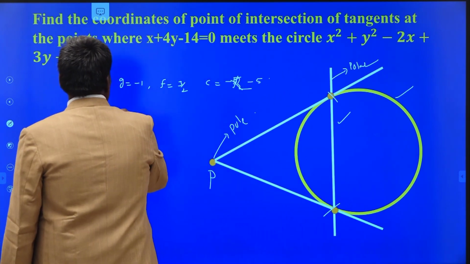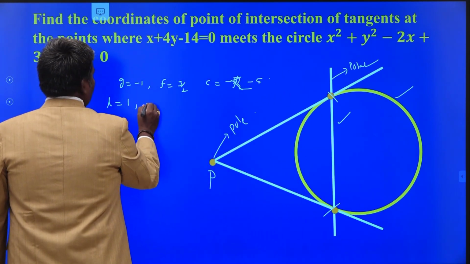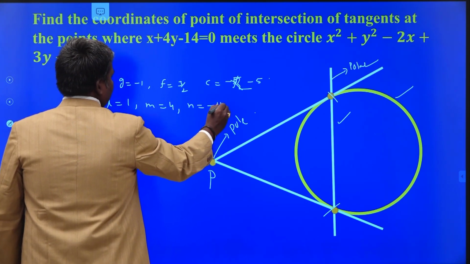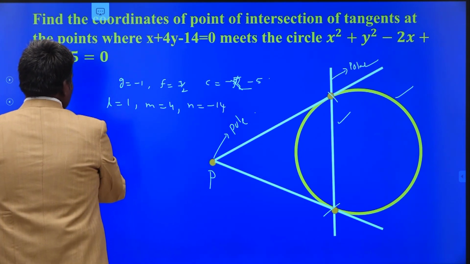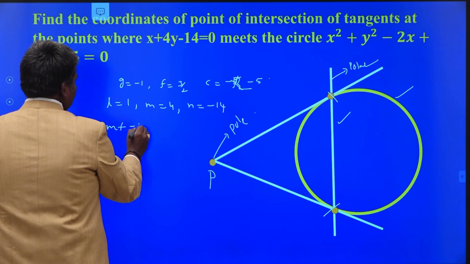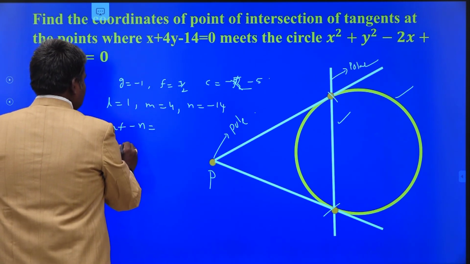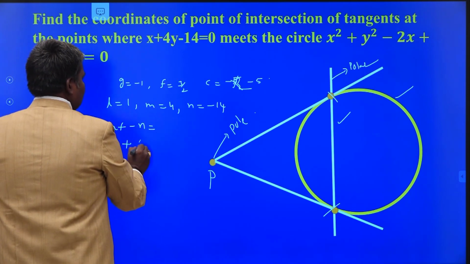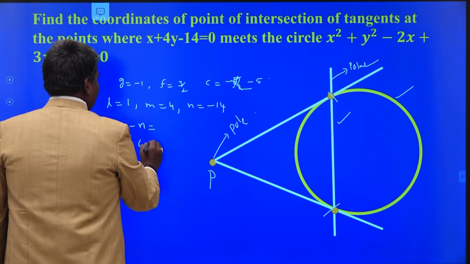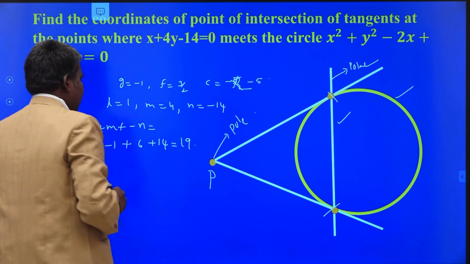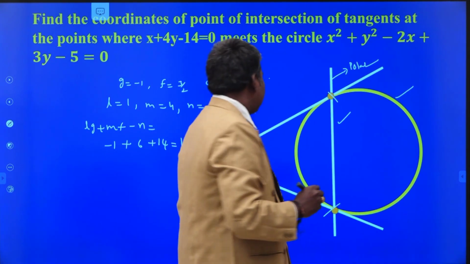What is l here? l = 1, m = 4, n = -14. What is lg + mf - n? Minus 1, plus 3 twos are 6, minus of minus 14 is plus 14, that is 20 minus 1, 19. So lg + mf - n is 19.